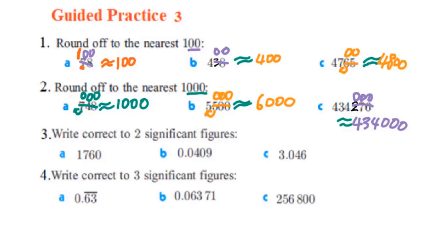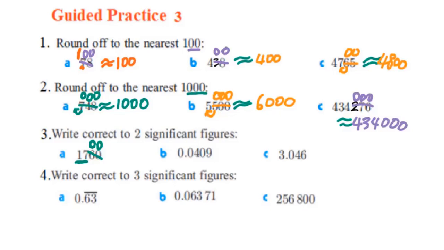For number 3, write correct to 2 significant figures. For this kind of question, you have to work from the front. Count 2 significant figures from the front, then cross out the rest of the numbers. For example, like A, we need only 2 significant figures, so these 2 we keep. Cross out 6 and 0, then change into 2 zeros here.